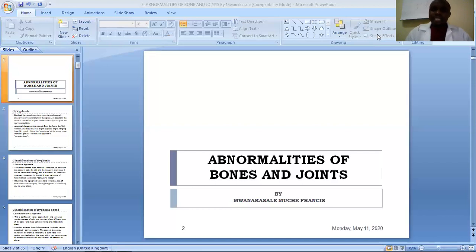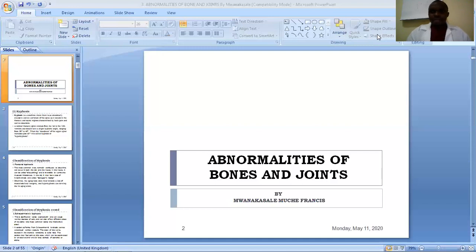The second is to classify kyphosis. The third is to mention the predisposing factors to kyphosis. The fourth is to at least mention the signs and symptoms of kyphosis. Then finally, a student nurse is supposed to be able to manage kyphosis.